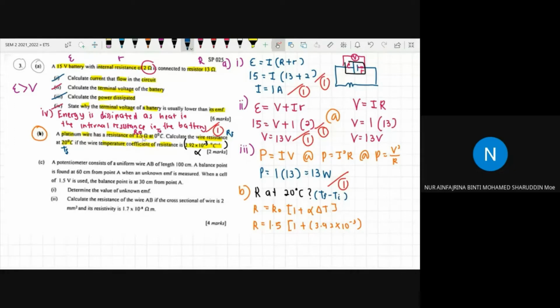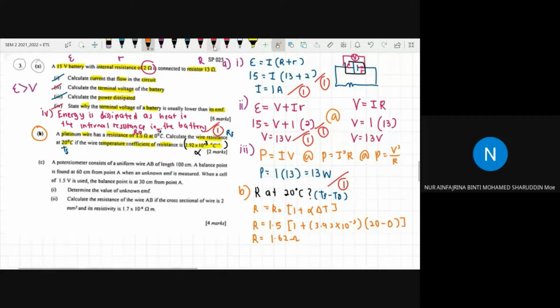So, ini dikira macam kita punya initial temperature jugalah, T0. Okay, so final temperature kita adalah temperature yang kita dah tahu iaitu 20. Initial kita adalah 0. So, tekan calculator, you will get the answer of 1.62 ohm. Okay, boleh? Boleh.